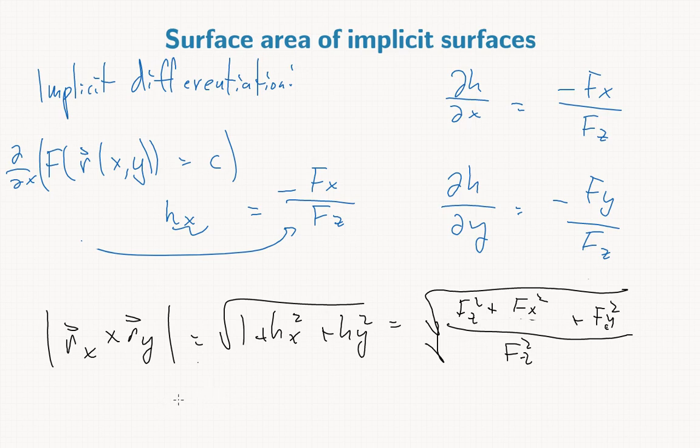So this will become 1 over fz, maybe I should put absolute values around this, root fz squared plus fx squared plus fy squared.